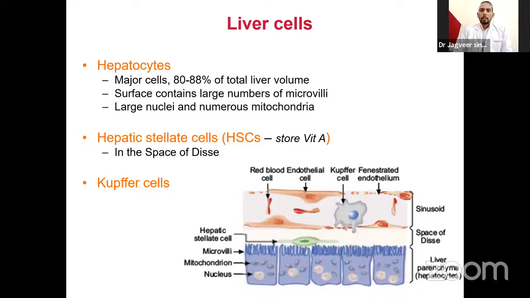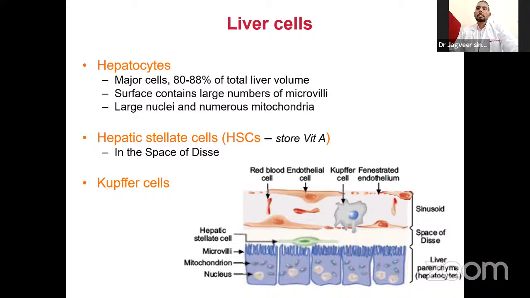The liver has three major types of cells: hepatocytes, hepatic stellate cells, which are also called vitamin A storing cells, and Kupffer cells. Hepatocytes make up the majority of the cells, around 90% of the total liver volume. They have numerous mitochondria and numerous microvilli on their surfaces.